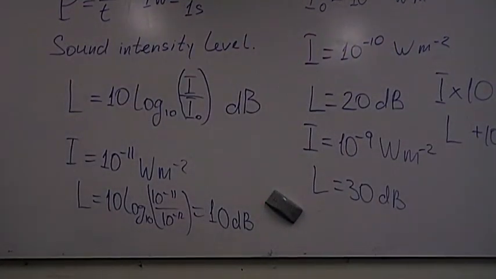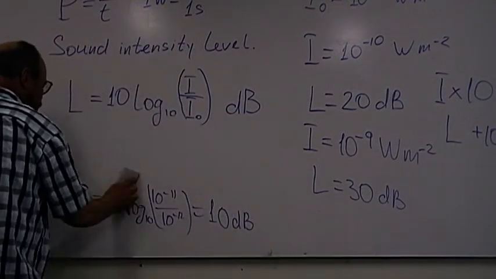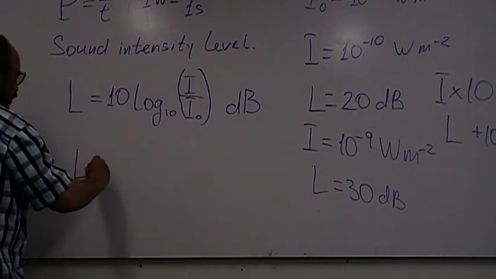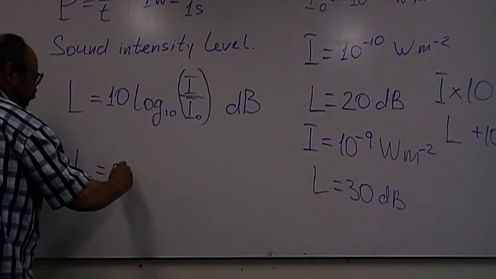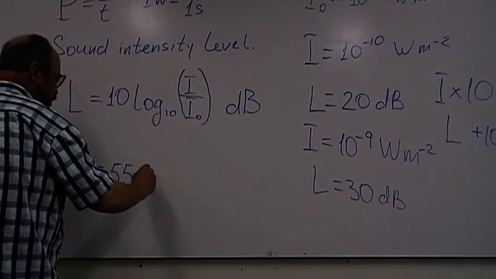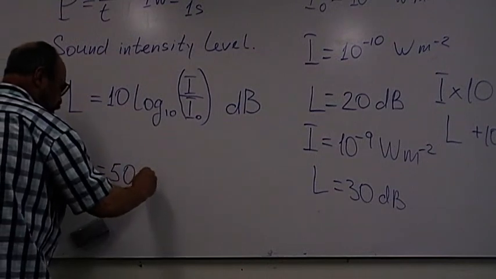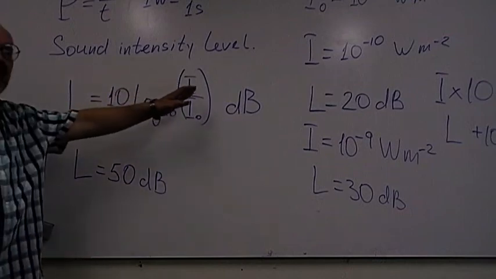Now let's do a small opposite exercise. If we have a sound intensity level equal to, let's do 50 first, 50 decibels, how do we find the intensity?